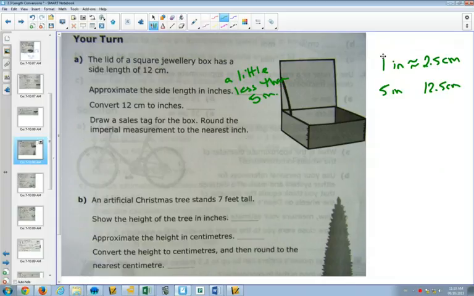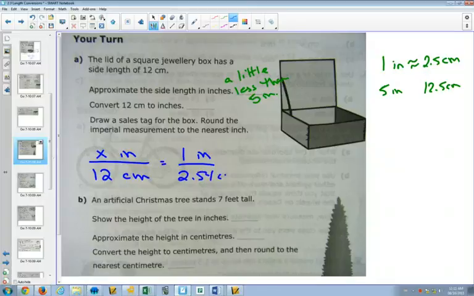Now, if you want to convert it exactly, 12 centimeters to inches, we want to find inches for 12 centimeters. And on our formula sheet, we know that 1 inch is 2.54 centimeters. Multiply both sides by 12, and we get 4.72, 4.7 inches.